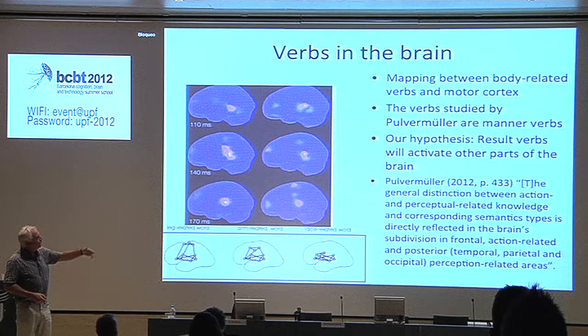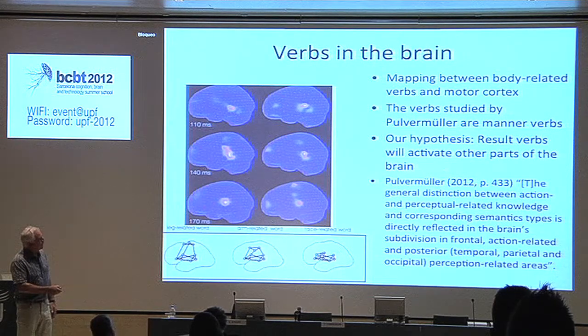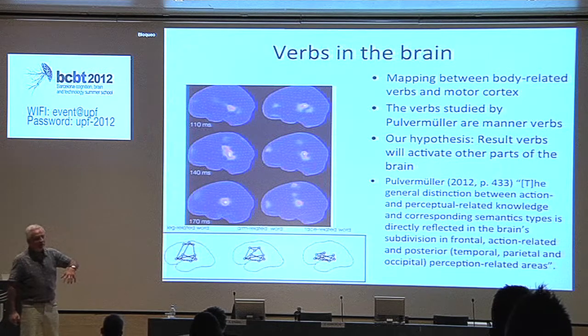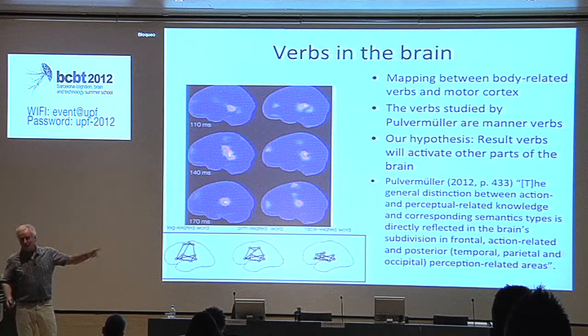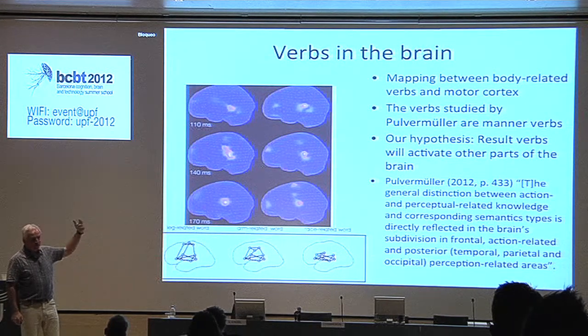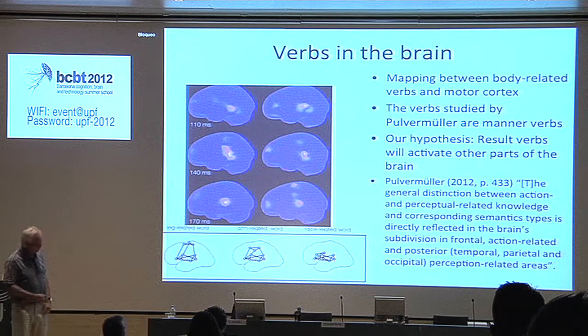The prediction was that other parts would be involved. Friedemann has this idea that the general distinction between action and perceptual related knowledge corresponds to a frontal and a posterior area. Now, that quote I don't think has anything to do with verbs. But if you apply it to verbs, you would say that the result verbs would activate more posterior parts of the brain.